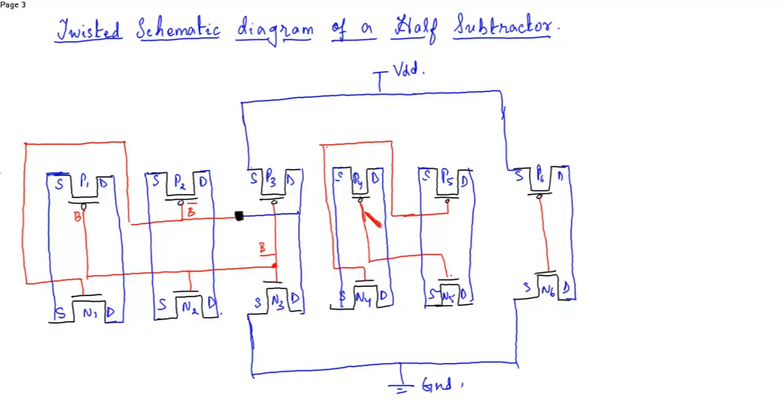So now for this also, this is connected with B and this is connected with B bar. So from here directly you can connect with B bar. So there will be a poly contact.